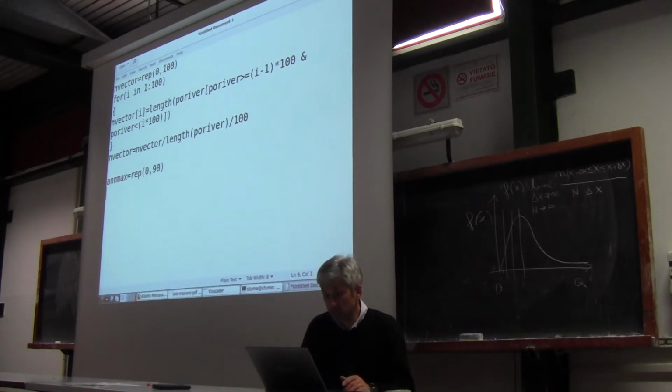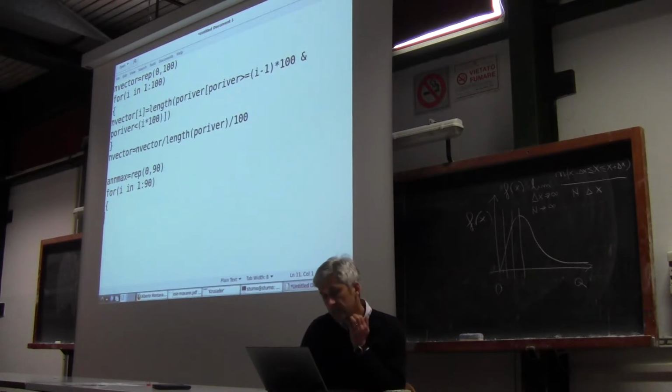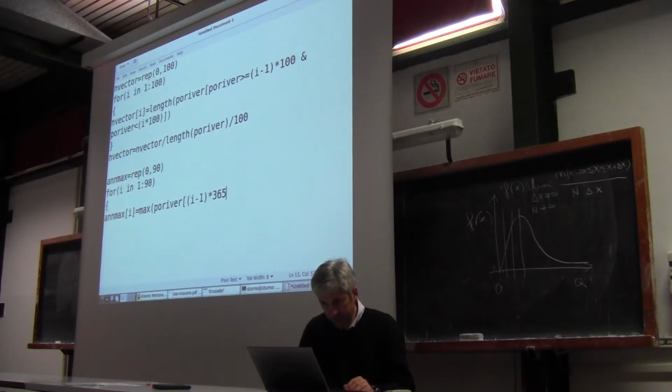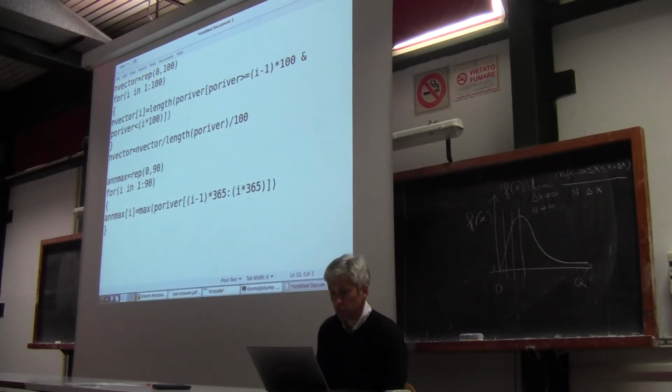I fill it with 90 zeros, and then let's make a for cycle from 1 to 90, and then let's say that max(I) is equal to max of the data from (I minus 1) times 365 to I times 365. It should work in this way.